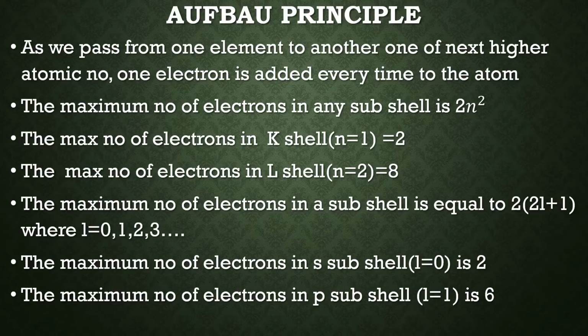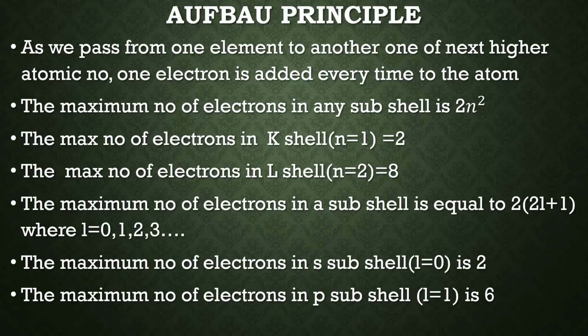Next, Aufbau principle. As we pass from one element to another of next higher atomic number, one electron is added every time to the atom. The maximum number of electrons in any shell is 2n². The maximum number of electrons in K shell is 2 according to the formula 2n².